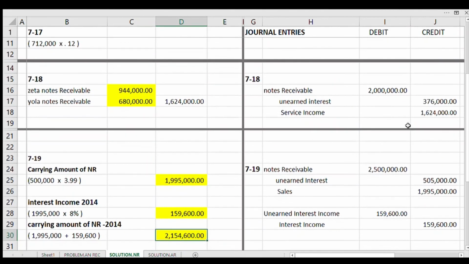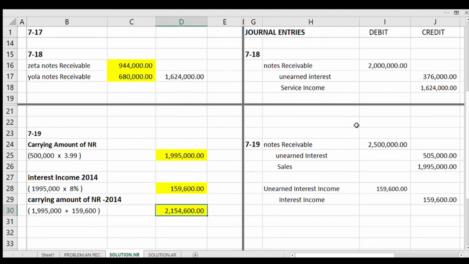So for this session, for this note receivable, we believe that we have given you the correct procedures and information.